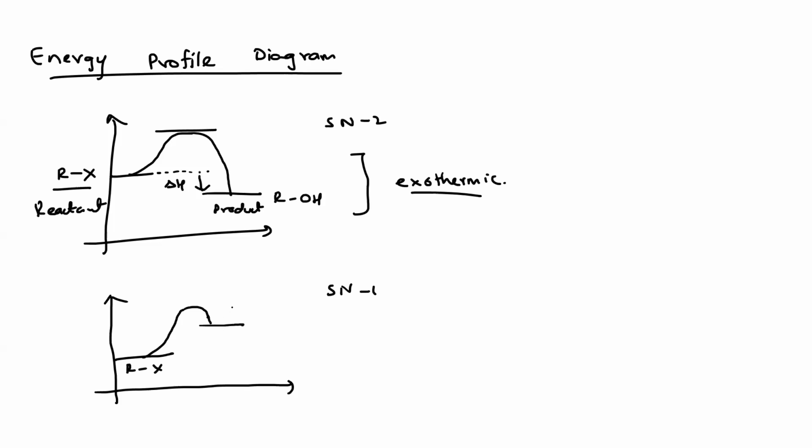That's the carbocation, so that's the intermediate state. That's endothermic because it requires us to give some energy. Energy against progress. And then what happens next? This further reaches another transition state, then it falls down.